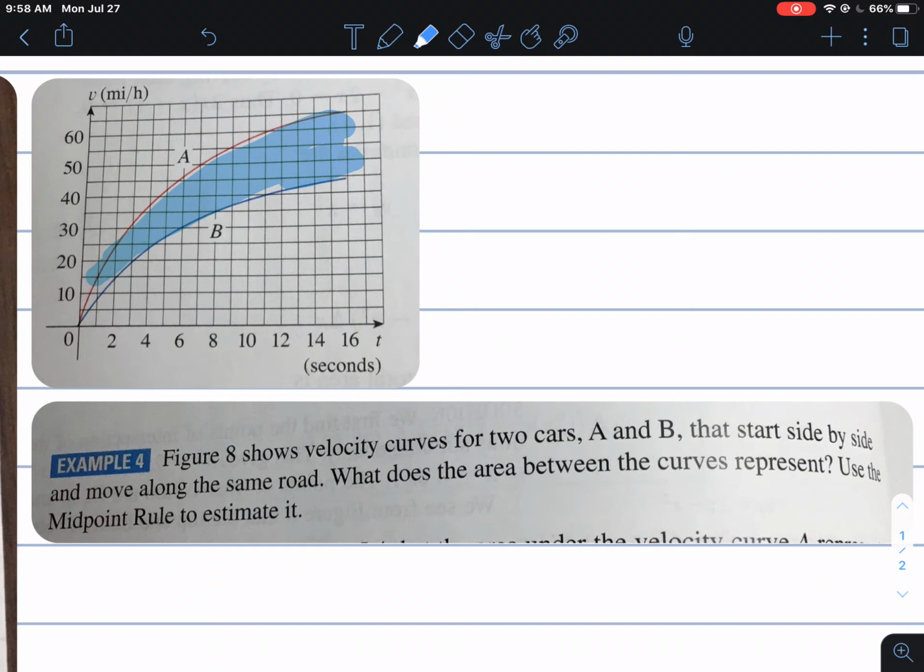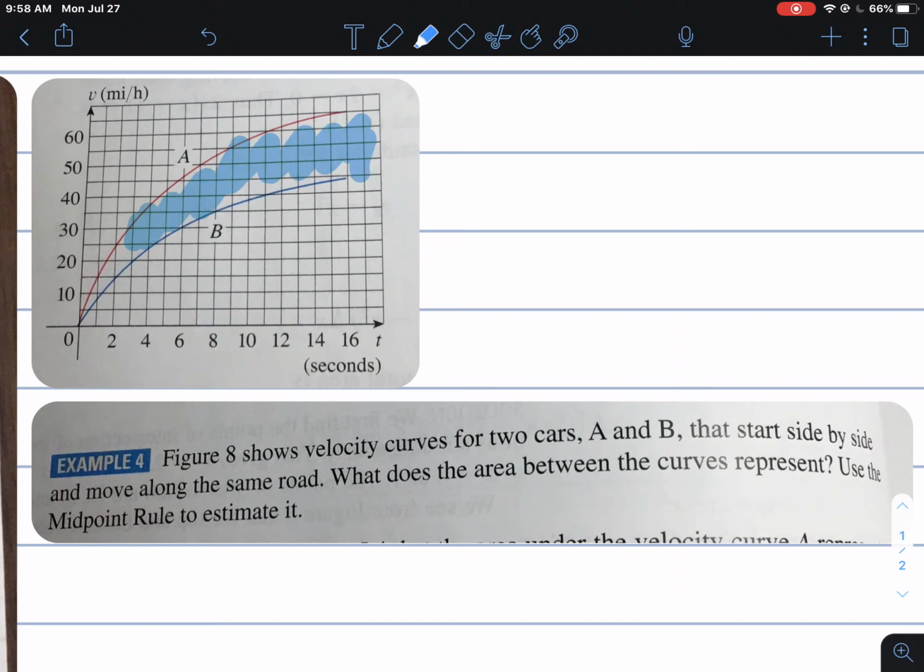So the area under the graph of A, all of this would represent the distance traveled by car A, right? The area under the graph of B would represent the distance traveled by car B. Right? And so, of course, if we take the difference between the two, back to the area between the two curves, then what should that represent?